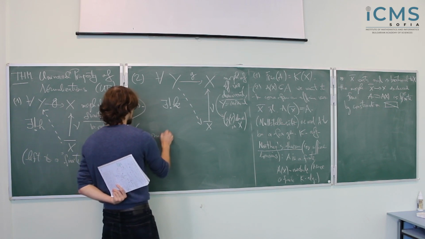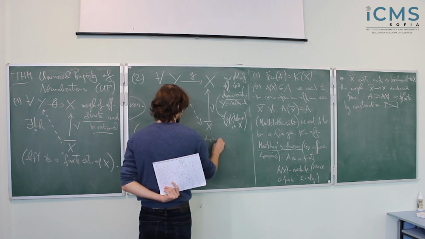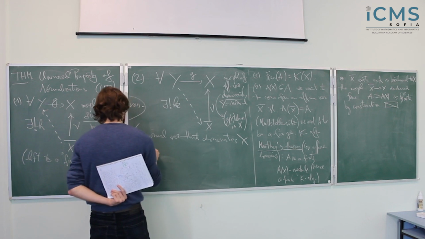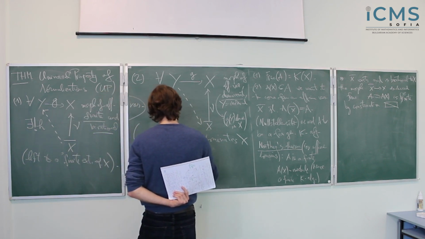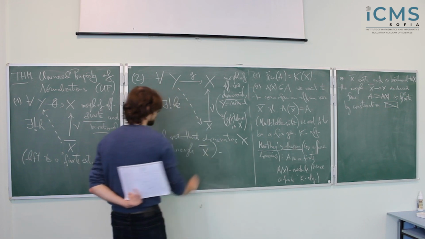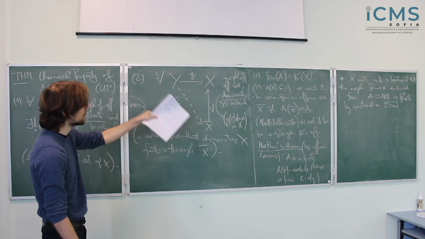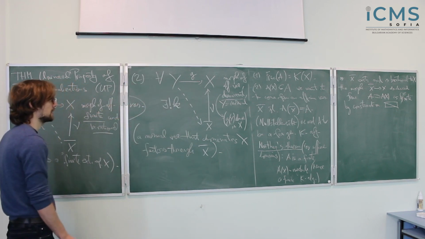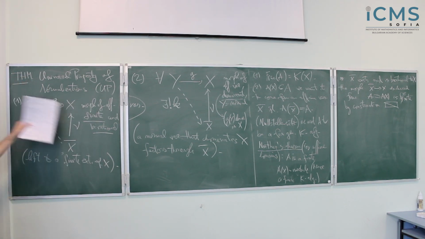So a normal variety that dominates x factors through x bar. So sometimes you see this as the only definition of the universal property of normalizations. However, I also include this part here because it is equally useful.